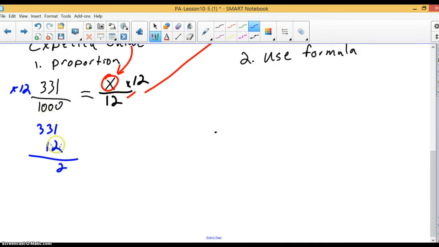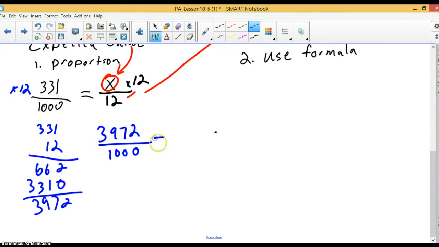So we get 3,972 on top, and 1,000 is still on the bottom. So 3,972 over 1,000 equals x, and then we simplify to get 3.972 equals x. So we expect 3.972 hits.